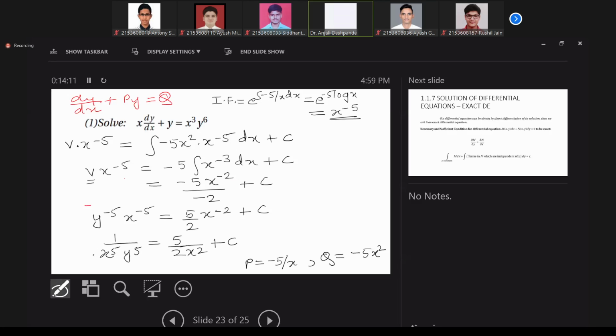And then after that, you can even multiply this x raised to 5 to the right hand side. If you do that, then what will happen? You will get 1 upon y raised to 5 is equal to 5 by 2 x cube plus c x raised to minus 5. Like this way also you can write your answer, and this is also correct.